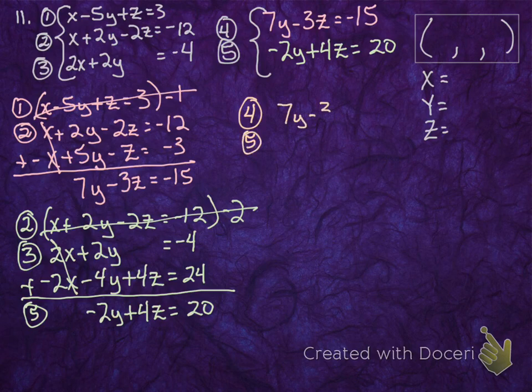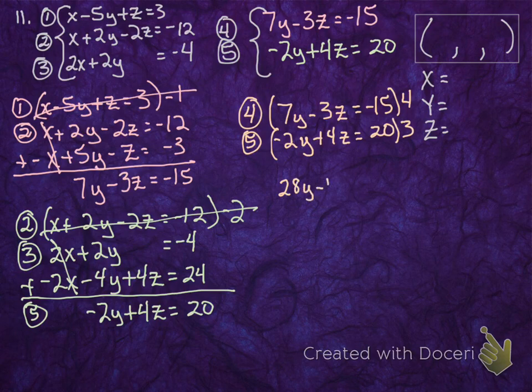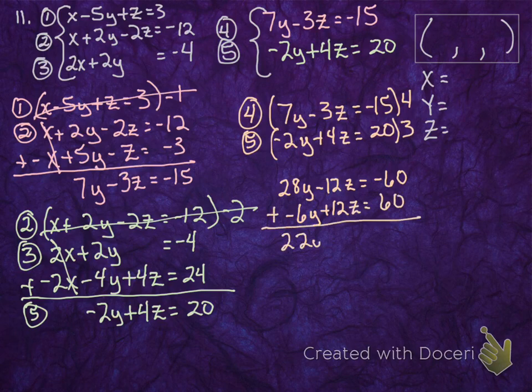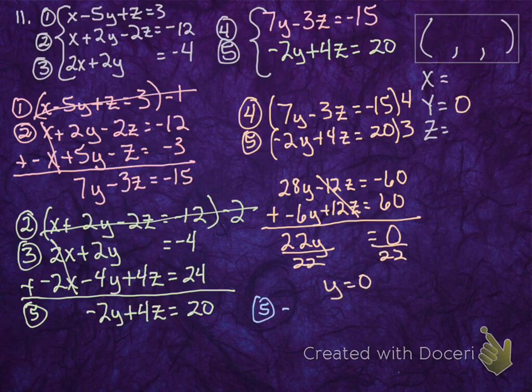Working with 4 and 5, I'm going to get rid of my z's first. So I'll multiply the first by 4 and the second one by 3. So I end up with y is equal to 0. Plug that into equation 5.